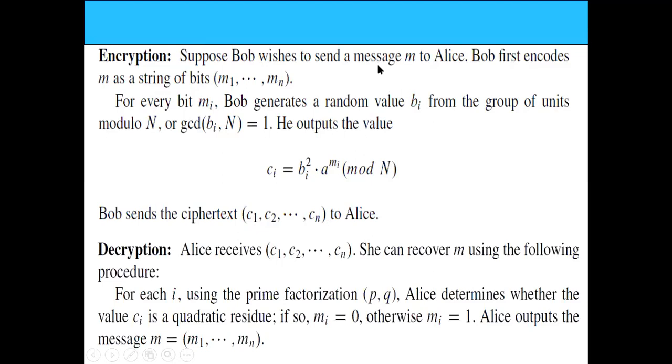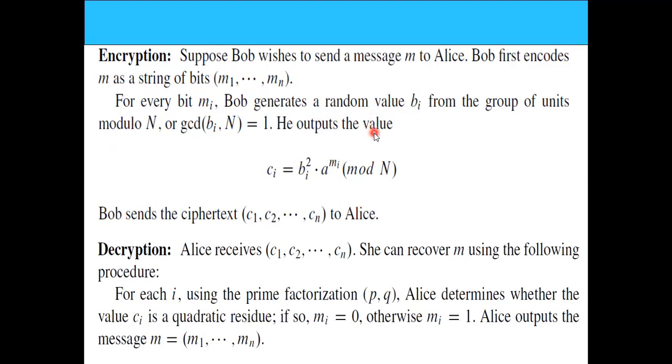So first of all, Bob wishes to send a message M to Alice. Bob first encodes M as a string of n bits, m1, m2, and so on. For every bit mi, Bob generates a random value bi from the group of units modulo n, whose GCD with n is 1.